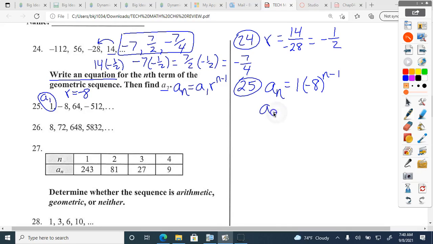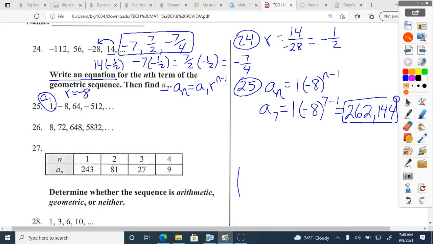So a sub 7 would be 1 times -8 to the 7 minus 1 power. Put that in our calculator real quick, and you get 262,144. Okay, so there was my equation, and there's what a sub 7 equals.